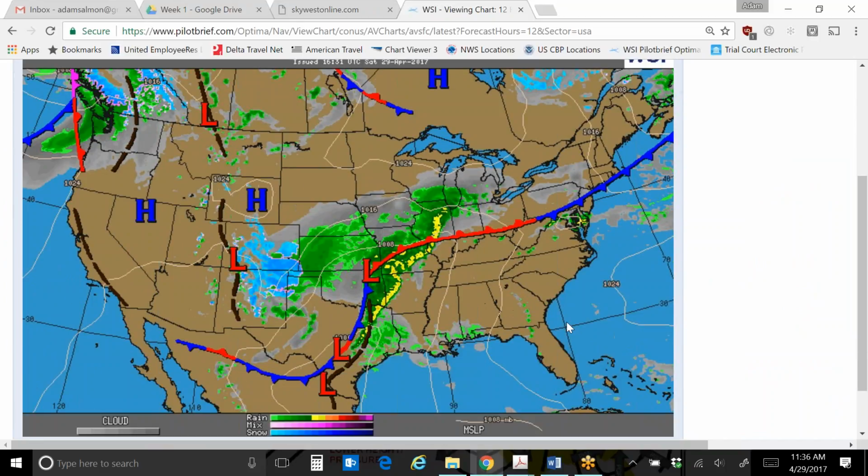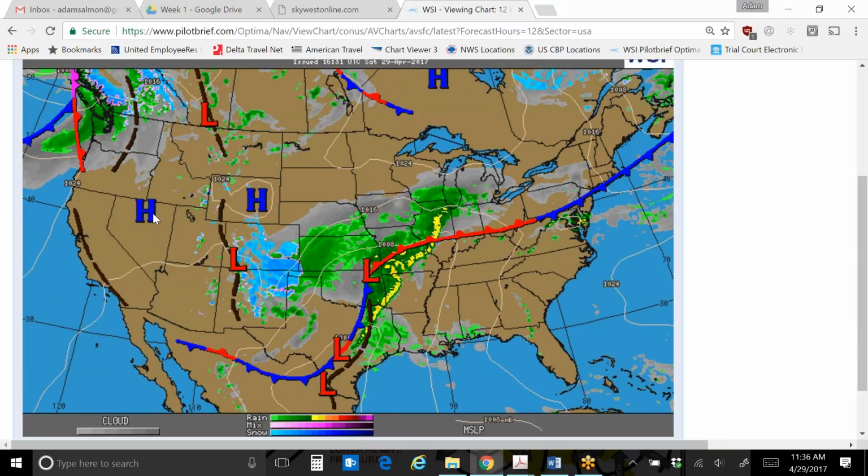These pressure centers, like you have a high over here, a high here, a low here, are always basically trying to overtake each other, but they're still moving from the west to the east. As a high is coming in here, you can see this high that's over Nevada right here.